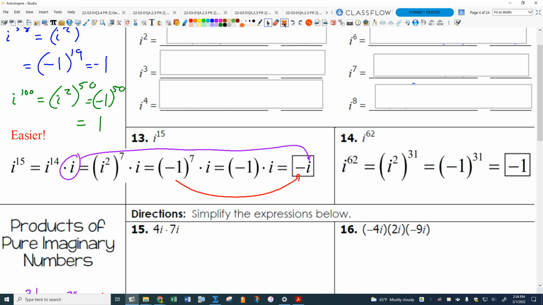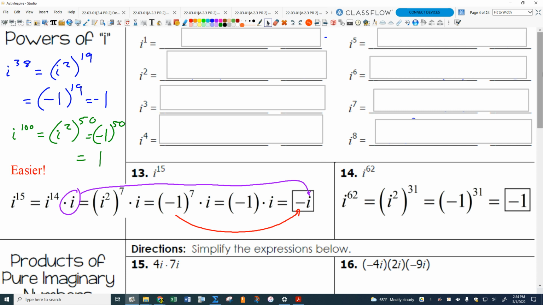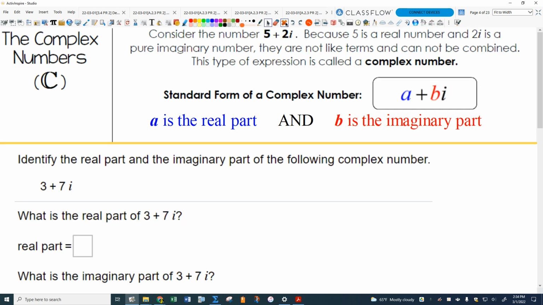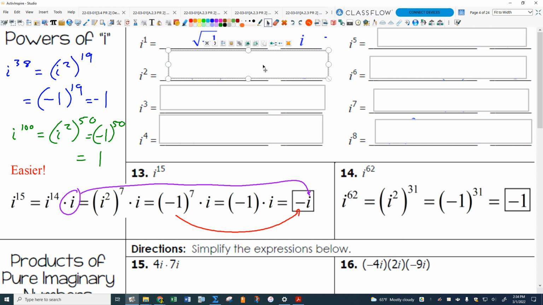Okay. All right, so if we follow, there's going to be a pattern here, isn't there? If we look at i to the 1, i to the 1 is just i, right? There's nothing we can do with that. i squared is what again? Negative 1. Okay, is negative 1. What about i cubed?